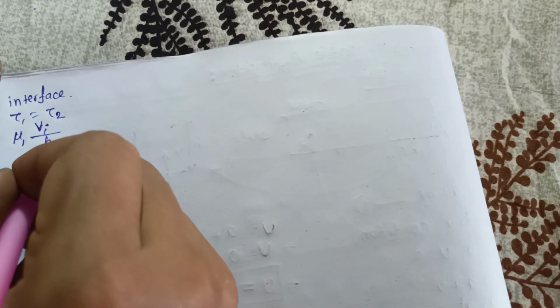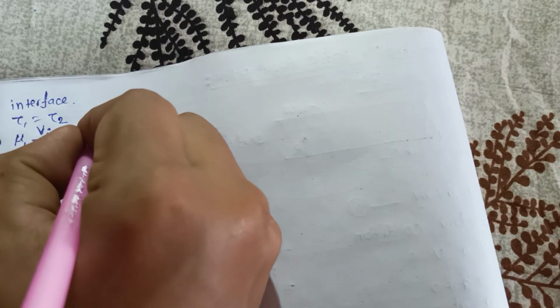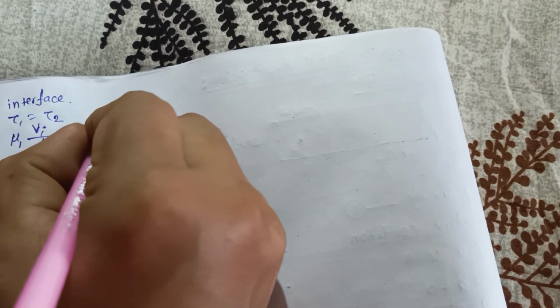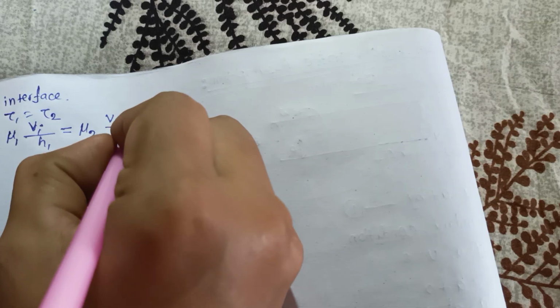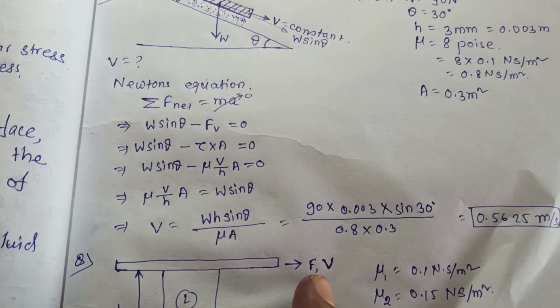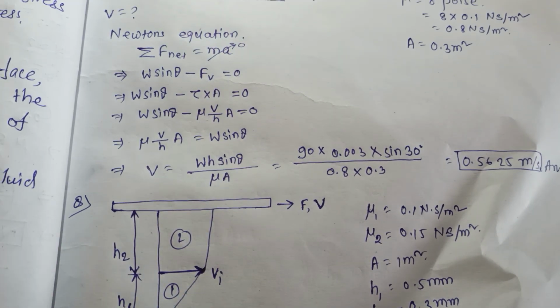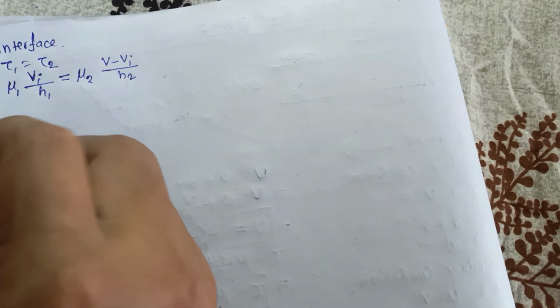So mu 1 Vi by h1 is equal to mu 2 times the relative velocity, that is V minus Vi, by h2.